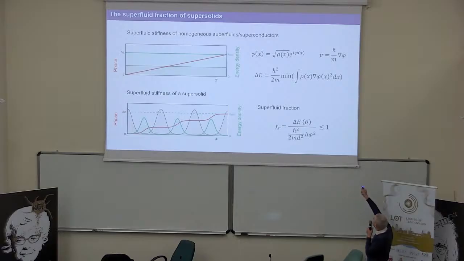So it's simple how you calculate the energy. The energy is simply the kinetic energy associated to this quantum mechanical velocity. This is just the expression of the kinetic energy, essentially 1/2 m times v squared. Because of this gradient you have the gradient squared, and then you have to minimize it to minimize the energy.